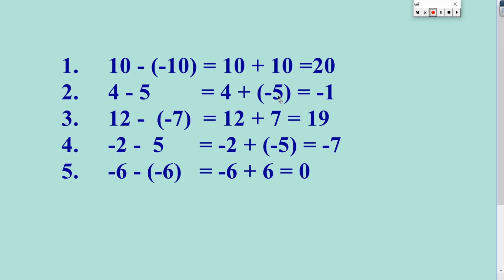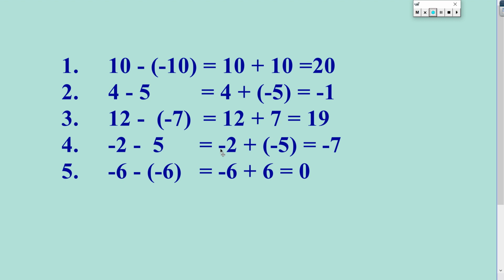4 plus negative 5. Now it is different sign, so subtract. 5 is the bigger number and its sign is negative. So negative 1 is the answer. 12 minus negative 7. So it is 12 plus, change the sign, 7. 12 plus 7, 19. Negative 2 minus 5.